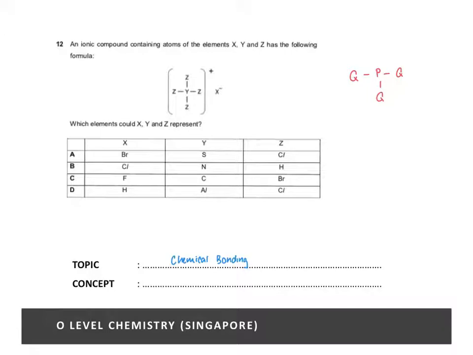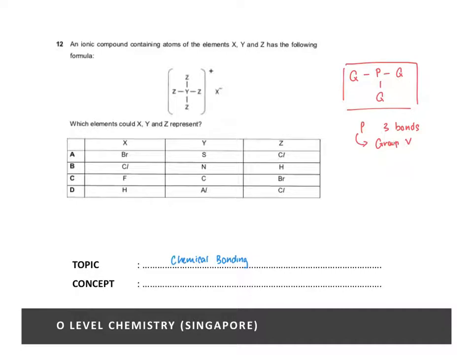Okay, so if you take a look at this particular structure, P has formed 3 bonds. What it means is that it actually needs 3 electrons for it to be stable. It needs to share 3 electrons for it to be stable. That would tell us that P is actually in group 5.